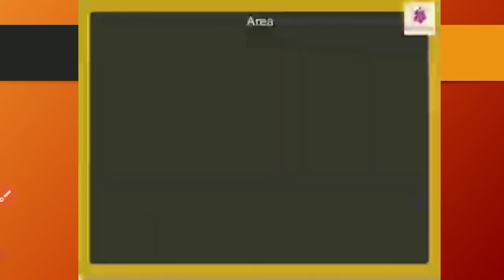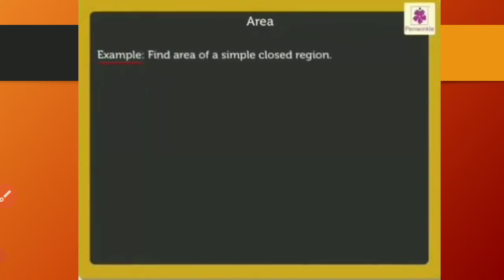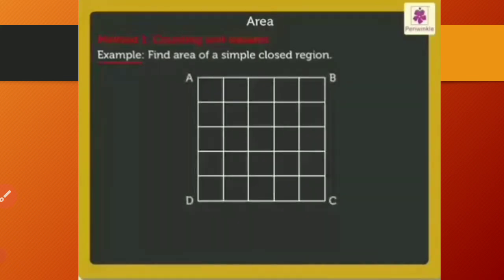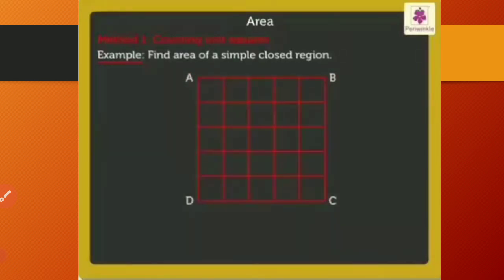First, let's see how to find the area of a simple closed region by counting unit squares when the region is divided into unit squares. Look at the square ABCD. It is divided into 25 equal squares of side 1 centimeter each.